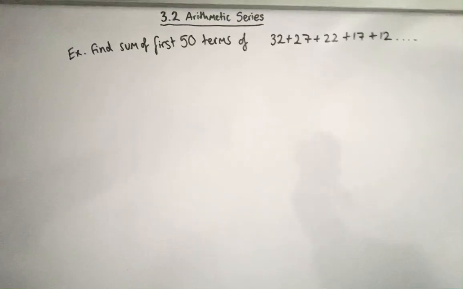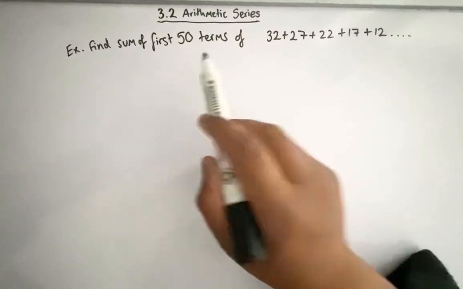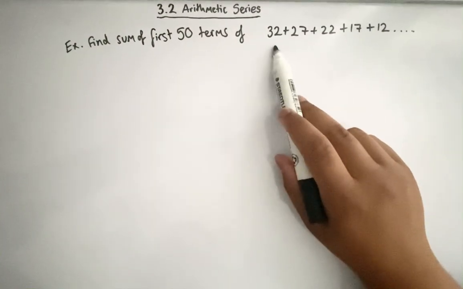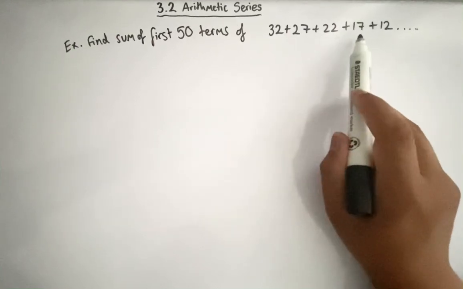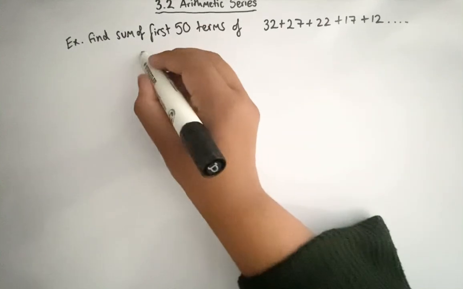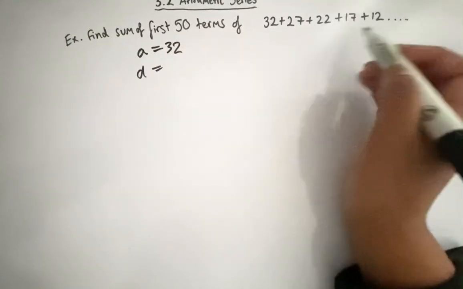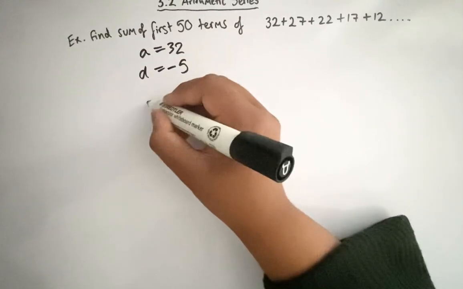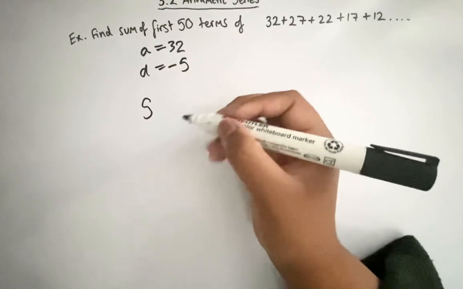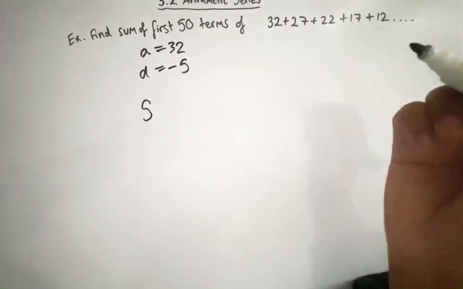Let's do an example. Let's find the sum of the first 50 terms of the arithmetic series, 32 plus 27 plus 22 plus 17 plus 12. Here we can see the first term, a, is 32, and the common difference is, we're subtracting 5 every time, so it would be minus 5. We know that the standard formula is n over 2 times (2a plus (n minus 1)d).